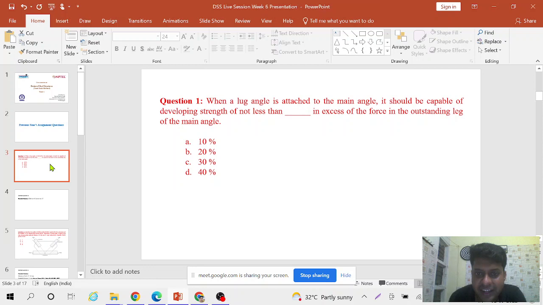I will give you a hint: uneven distribution of stresses will be there in the main angle. The outstanding leg and the connected leg will have proper distribution of the load. What effect do we call that?